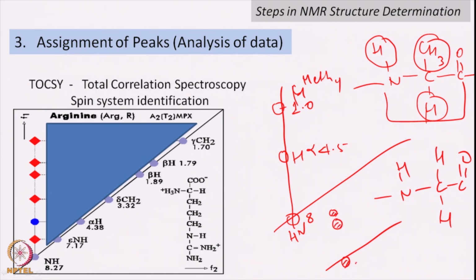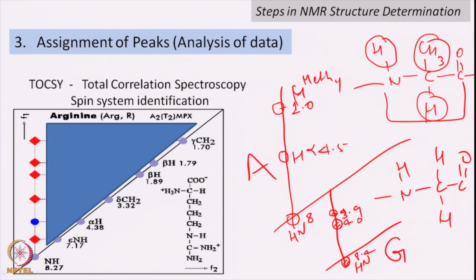So, this NH will be around again 8 point something ppm, and these two are around say 4 ppm and 3.9 ppm, something like this. So, if you see this pattern, you know a priori that this is for glycine and this is for alanine. Okay, so this is the way we assign the TOCSY spectrum.